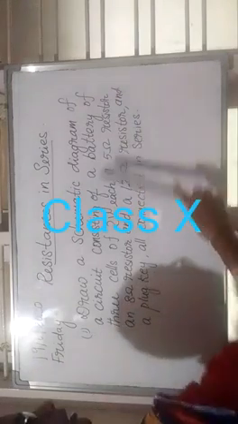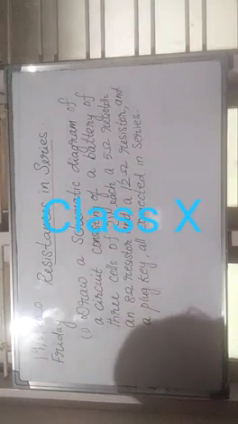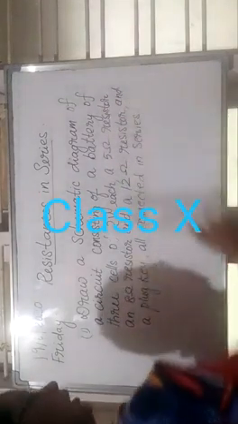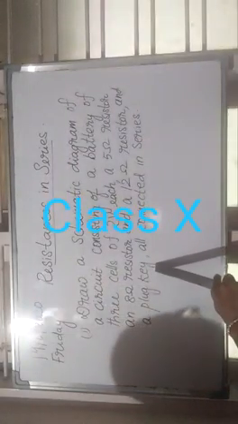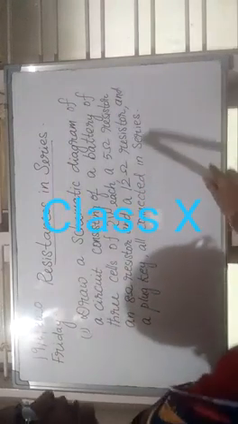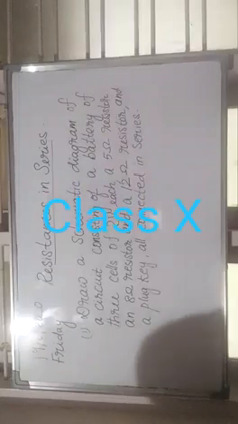And what else is needed? A plug key. One plug key you also have to include in the circuit. And in what way are all connected? All are connected in series. So let us try to draw this circuit diagram by using all these components.